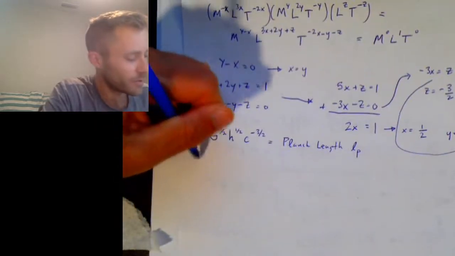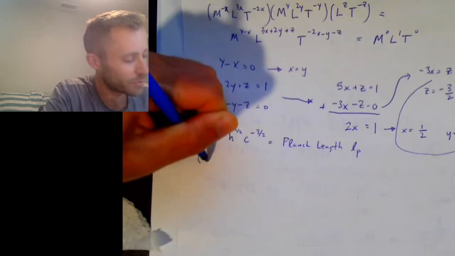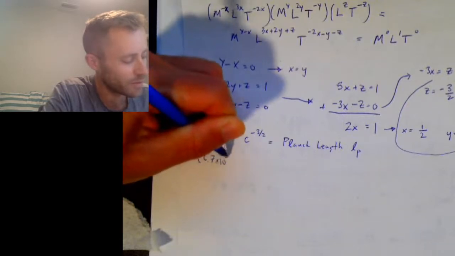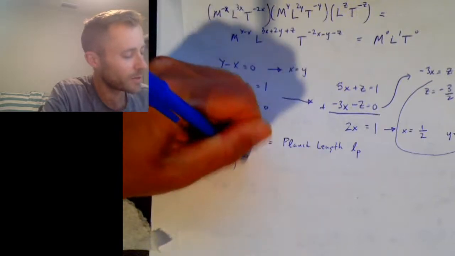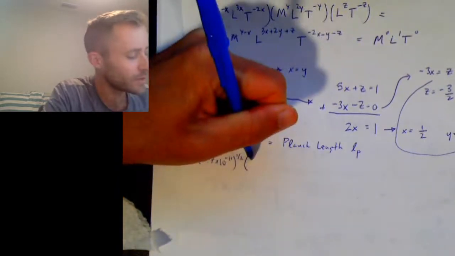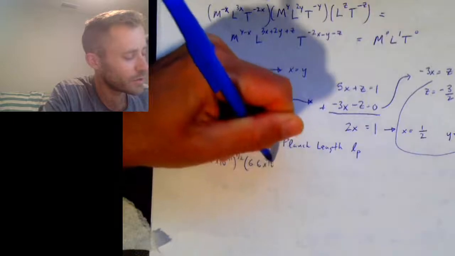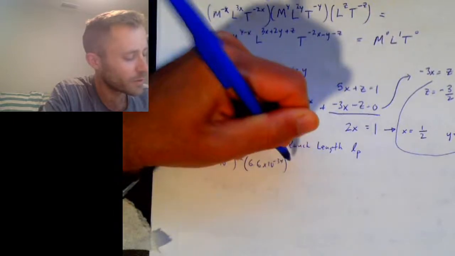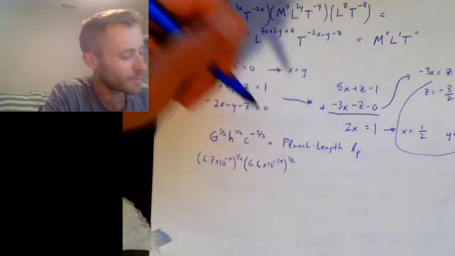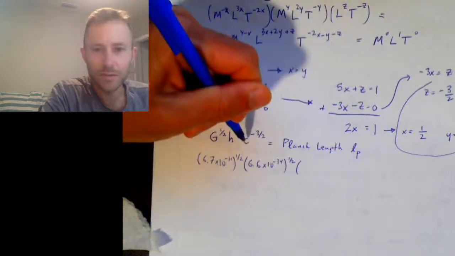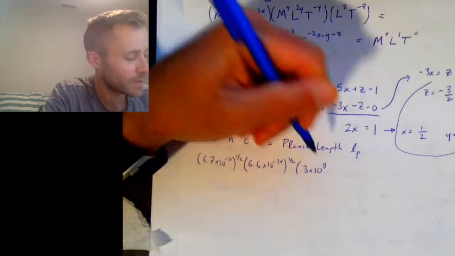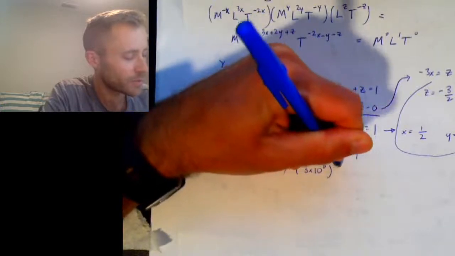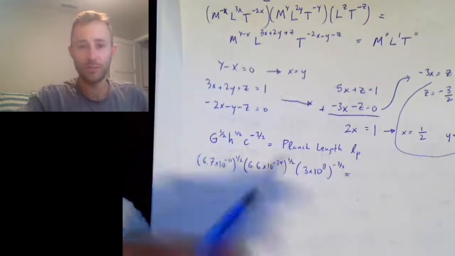Anyways, let me calculate the Planck length. G is 6.7 times 10 to the negative 11, to the 1/2 power. Planck's constant is 6.6 times 10 to the minus 34, to the 1/2 power. And then c is 3 times 10 to the 8th, to the minus 3/2 power. So this has units of meters.